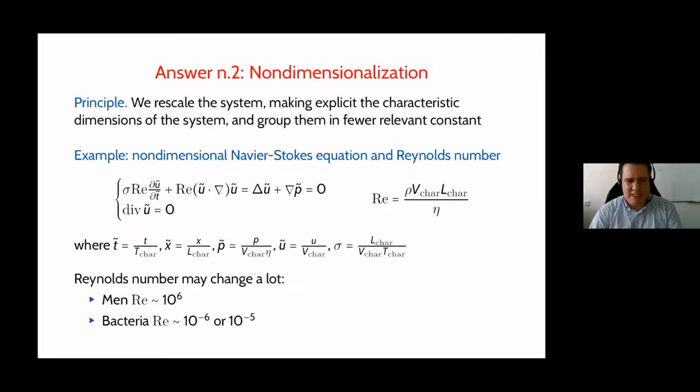This is maybe not done so often in mechanics. You can see it more often in fluid dynamics. And probably you've seen it at least for the Navier-Stokes equation, where you usually do all this rescaling. You rescale time compared to a characteristic time scale, and length compared to a characteristic length scale, etc. And you find this very important ratio that is the Reynolds number.